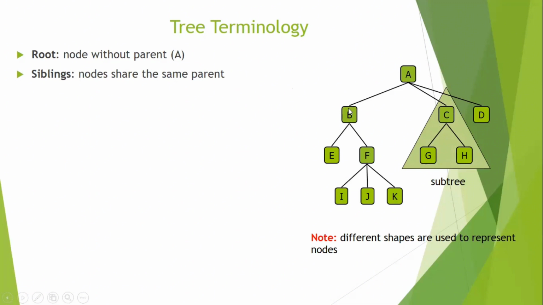Here, the siblings are B, C, and D. An internal node is a node with at least one child. In this illustration, A, B, C, and F are the internal nodes.